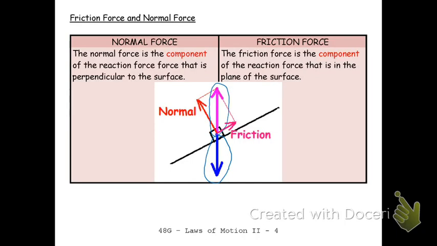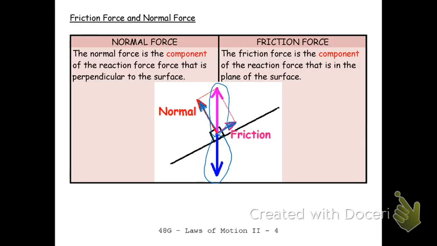Then for this force, I can divide it up into two components. I choose to make one component along the slope, either up or down the slope, and the other component perpendicular to the slope. So I always break up my reaction force into two components.